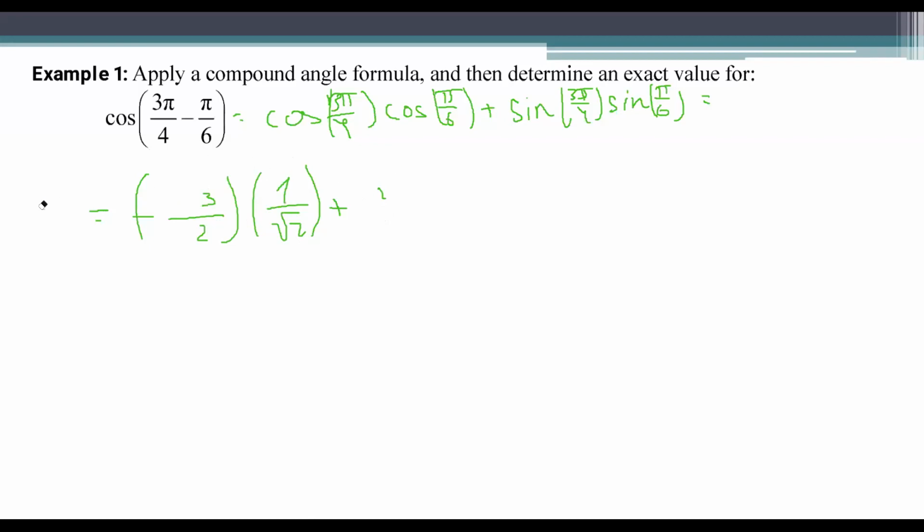Square root of 3 over 2 times 1 over square root of 2.